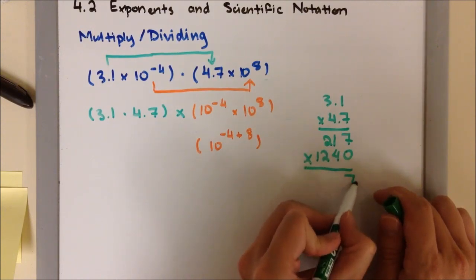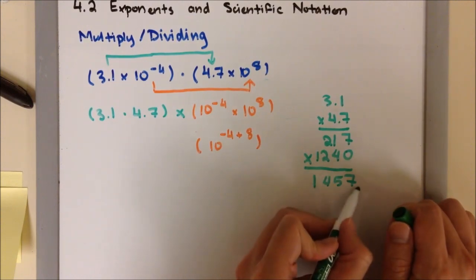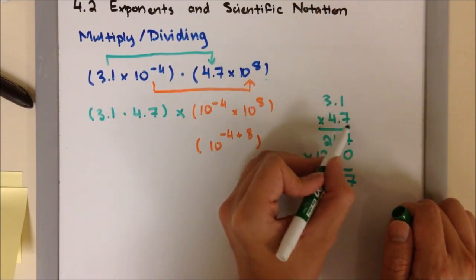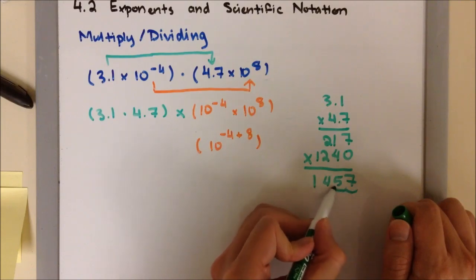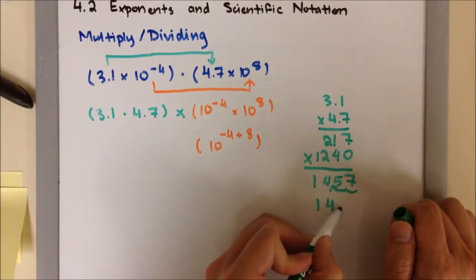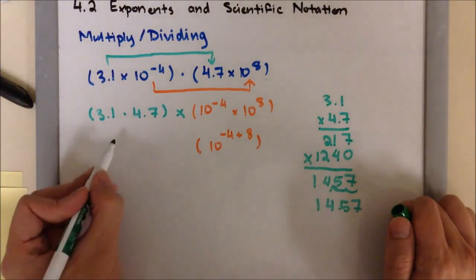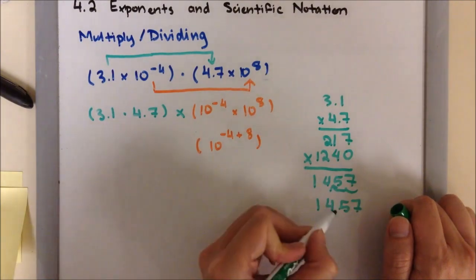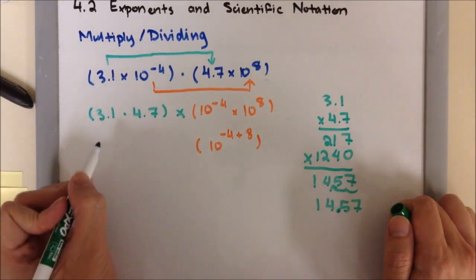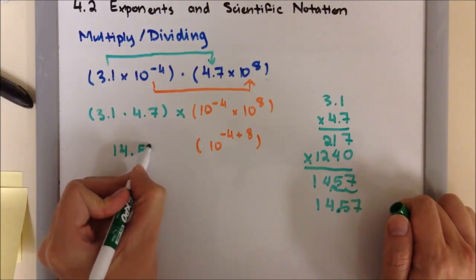Alright, so it's going to be 7 here, 5, 4, 1. And since I multiply, 1 decimal place, 2 decimal places. 1, 2. So it's going to be 14.57. So over here, I'll emphasize my decimal point here. So 14.57.